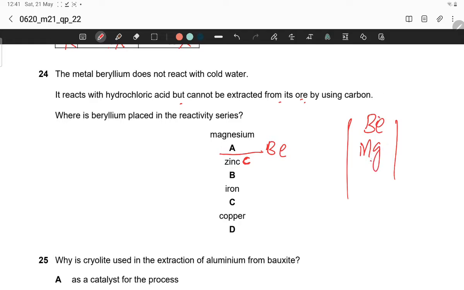Magnesium is more reactive than beryllium, so magnesium is placed above in reactivity series while beryllium is below magnesium, not below zinc, not below iron, and it cannot be extracted from its ore by using carbon. Both can be extracted by using electrolysis. So A option is correct.